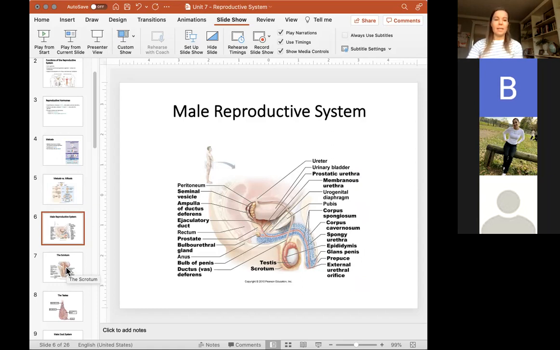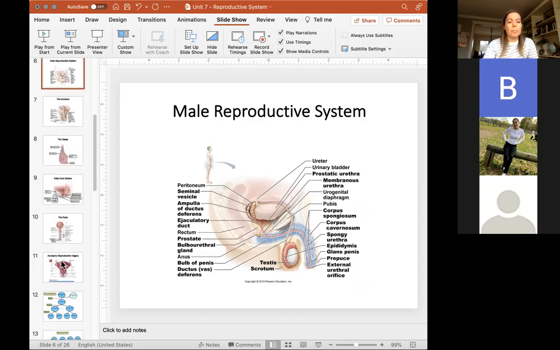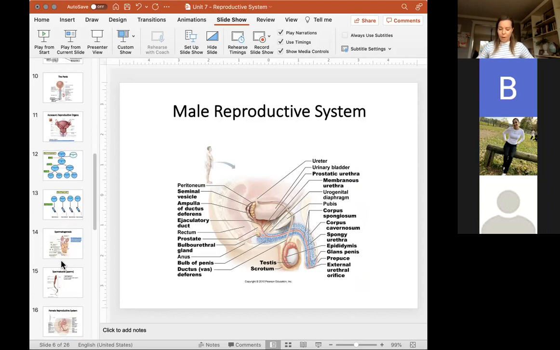So let me go to the next thing I wanted to go over, which is spermatogenesis. I'm just going to talk about the process of sperm production, and then I'll do oogenesis, the process of ova production in females. And then the last thing that I want to do is go over a little bit of the heredity section and talk about Punnett squares.